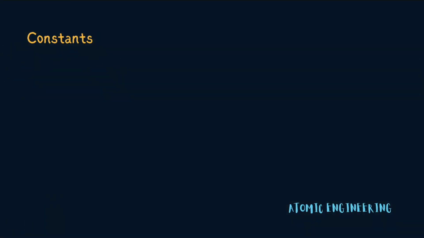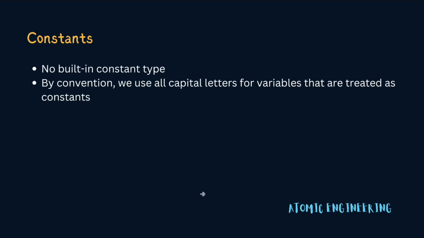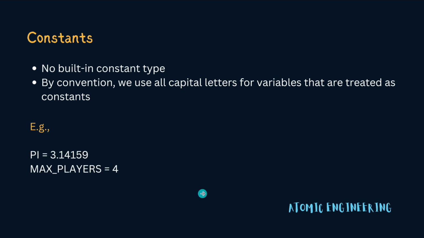Now let's talk about constants. In Python, there is no built-in constant type, but by convention, we use all capital letters for names of the variables that should be treated as constants. When you say PI equals 3.14159, this will be treated as a constant, and MAX_PLAYERS equal to 4 will also be treated as a constant.